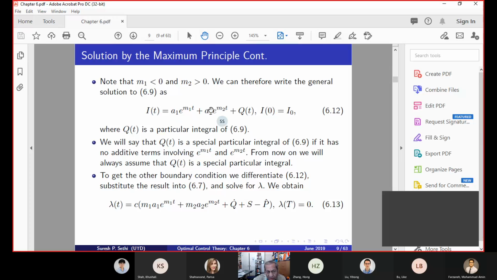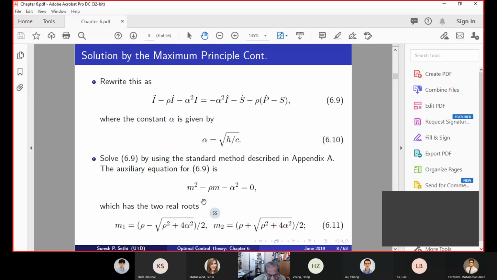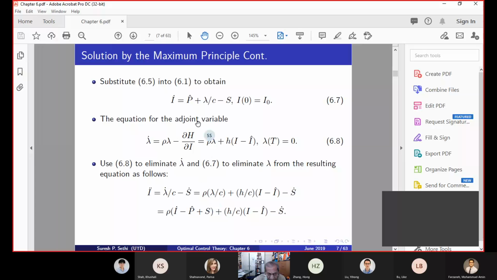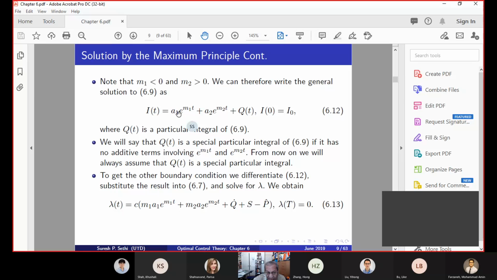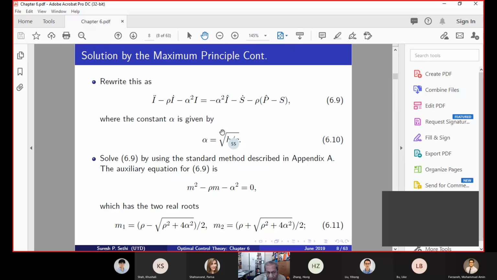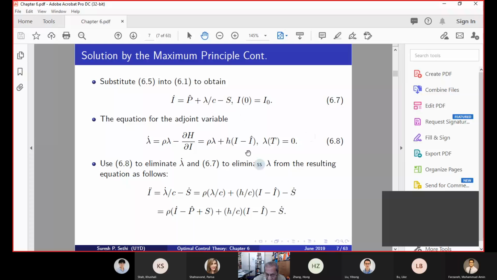In the end, remember, we have two equations to begin with, I dot and lambda dot. We have two conditions which we need to solve these two equations. Now we have a second order linear differential equation that needs two constants, a1 and a2. These are constants of integration. These constants will now be determined by these two conditions that we have.